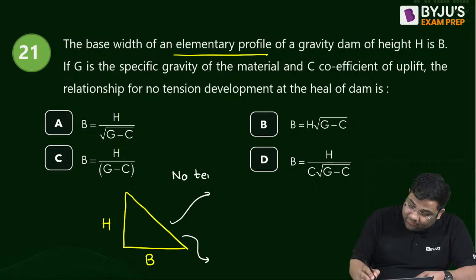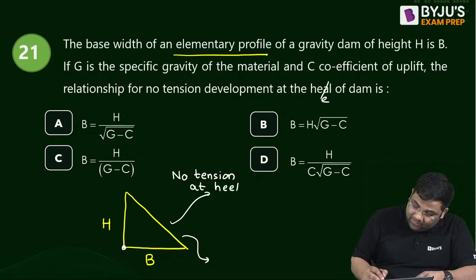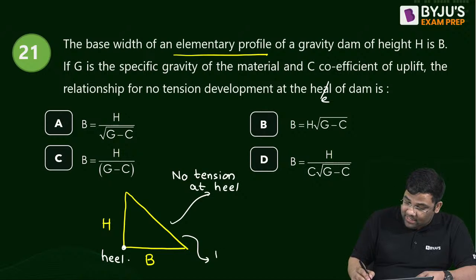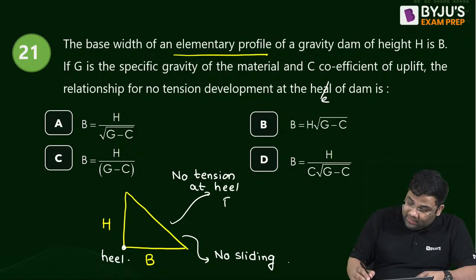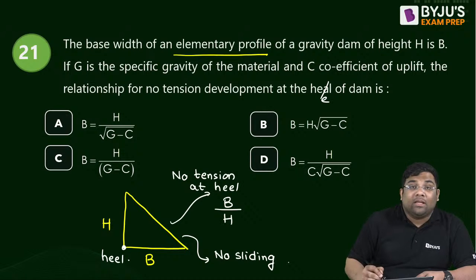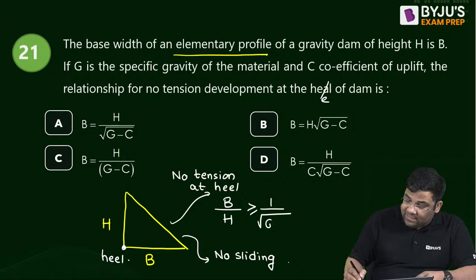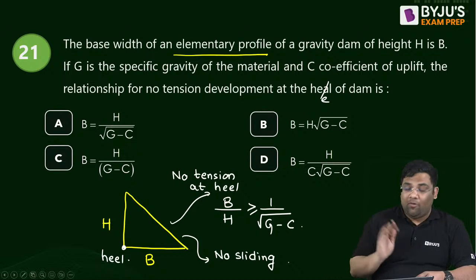No tension at the heel. Many have answered this also. This is the heel. So we have the no tension at heel condition and the no sliding condition. For no tension at heel, the equation is B by H should be greater than or equal to 1 by root under (specific gravity minus coefficient of uplift).